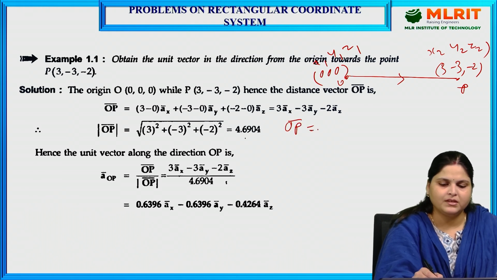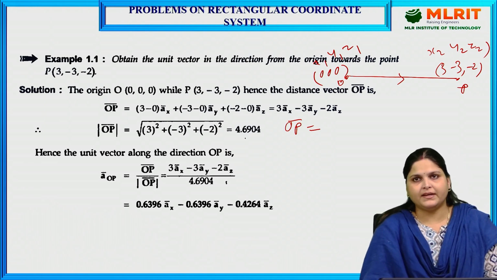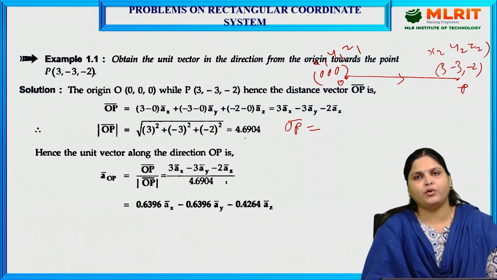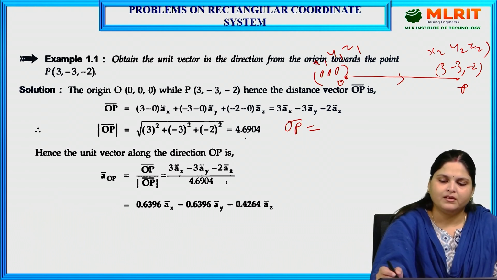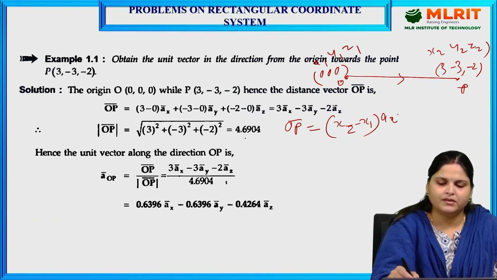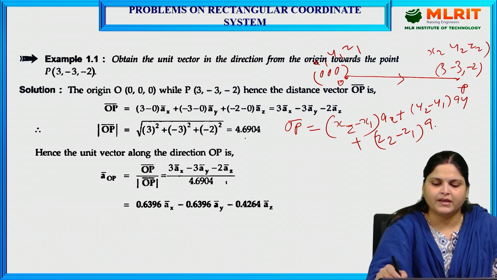OP means we have to subtract the initial point from the terminating point. Because P is the terminating point and O is the starting point, we can write it as (x2 minus x1) ax plus (y2 minus y1) ay plus (z2 minus z1) az.